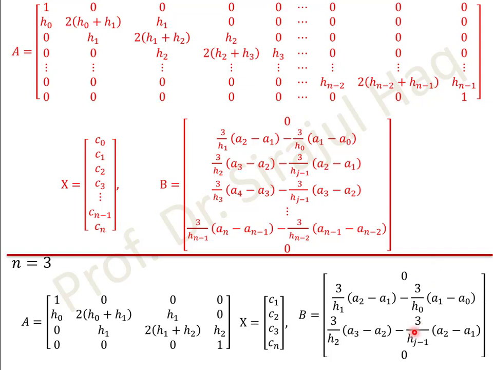But n is equal to 3. So let's see from where you are starting. You are reaching up to C0, C1, C2 and C3: the coefficient of C0, coefficient of C1, coefficient of C2 and coefficient of C3.